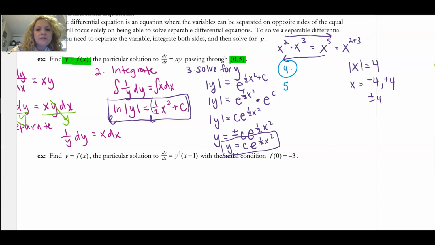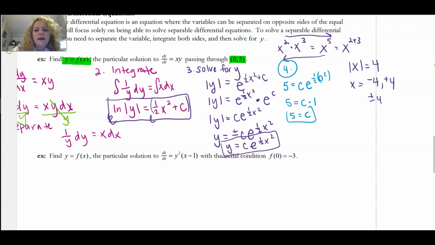So 5 equals some number c times e to the 1/2 times 0 times 0 squared. So 5 equals c times e to the 0 power. So 5 equals c times 1, because anything to the power of 0 is 1. So lastly, 5 is equal to c.